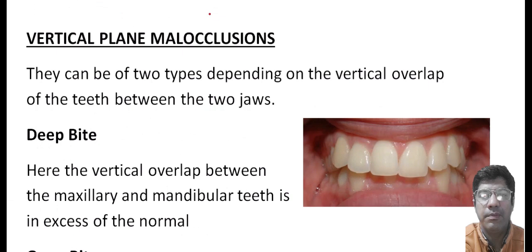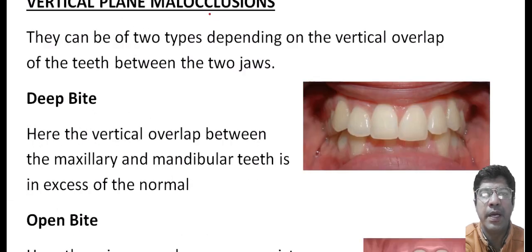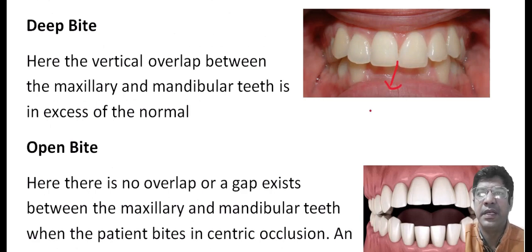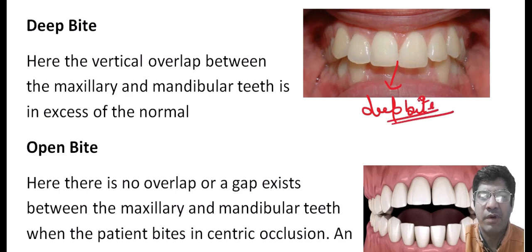Now the vertical plane malocclusion, as discussed, can be of two types: deep bite and open bite. This one is the deep bite, a patient with a deep bite. There is excessive overlap of the upper teeth over the lower teeth when the jaws are closed, so that causes the lower teeth to bite into the roof of the mouth.